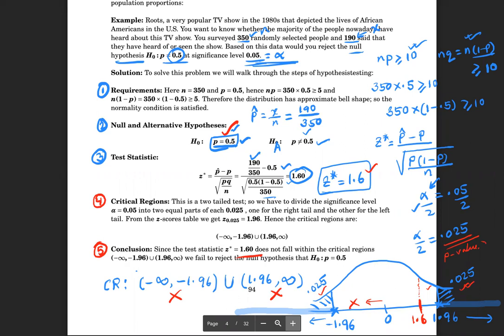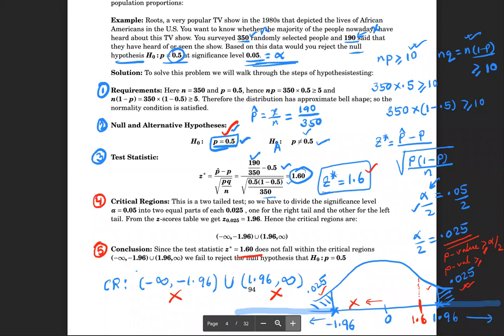is greater than alpha over 2, which is 0.025. Actually, I will use including equal to.